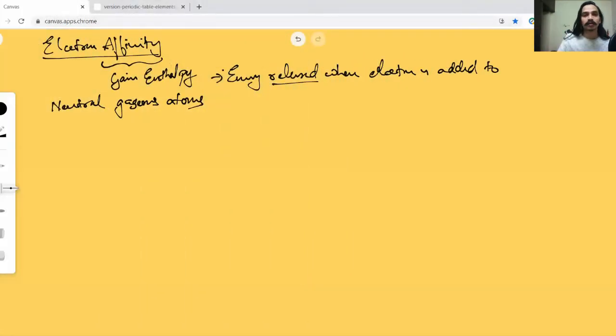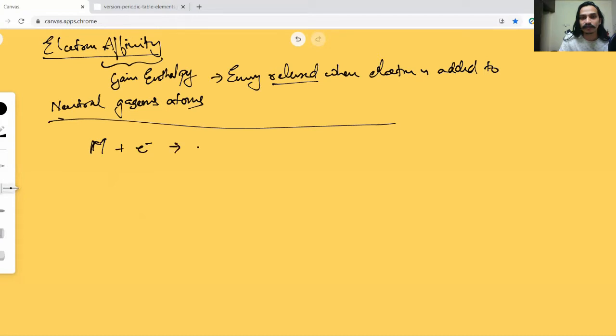Now if I have to write this as an equation like we did previously, I can write it somewhat similarly. I'm going to take a neutral atom M and add an electron to it.